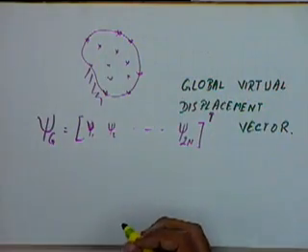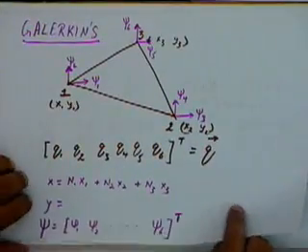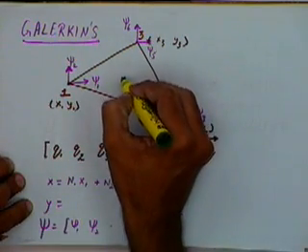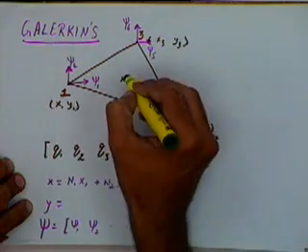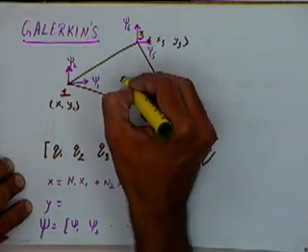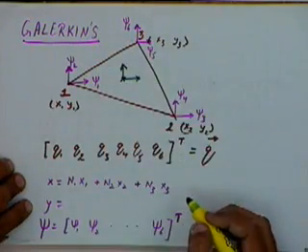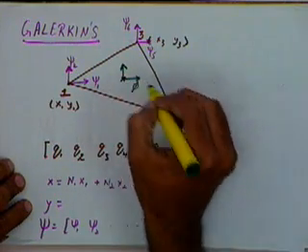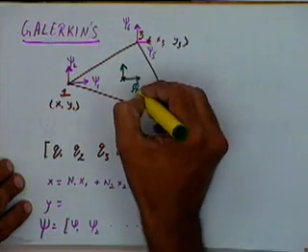Now coming back to this element, if you take any arbitrary point here and we want to find out the virtual displacement at this point, let's say the virtual displacement at this point is given by phi, phi x and phi y.